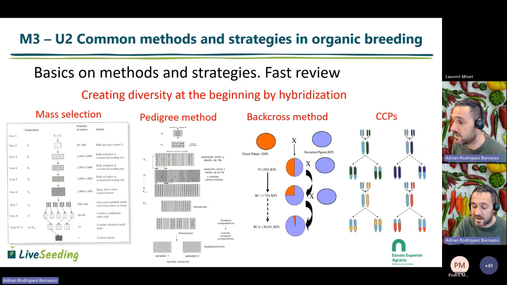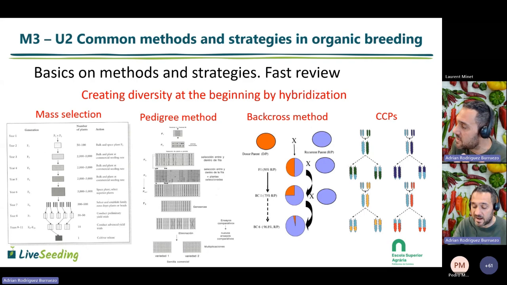Then I cross them in pairs to get the F1s, and maybe the offspring of these F1s is directly used to start my breeding program, which can apply mass selection, pedigree method, etc. Or maybe the 4 F1 hybrids can be combined again to get double hybrids.